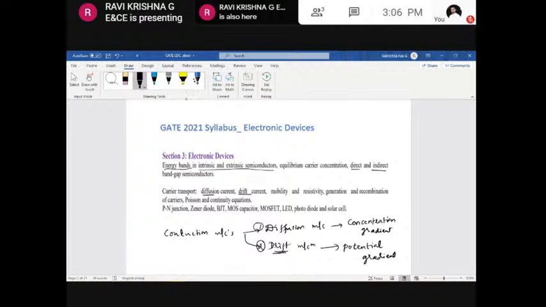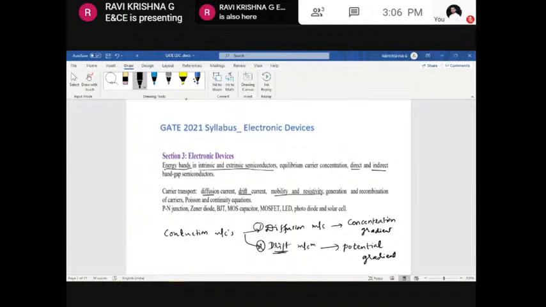The corresponding mechanism is known as the drift current mechanism, whereas whenever there is a concentration gradient in that device, the current that is constituted is known as the diffusion current mechanism. And again, we need to understand the mobility and the resistivity in that particular device or material.